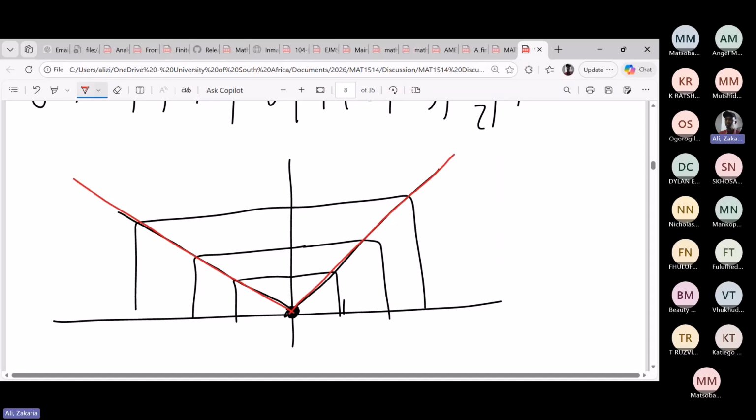It's not 100% accurate, but the one in red is the graph of y equals the absolute value of x.